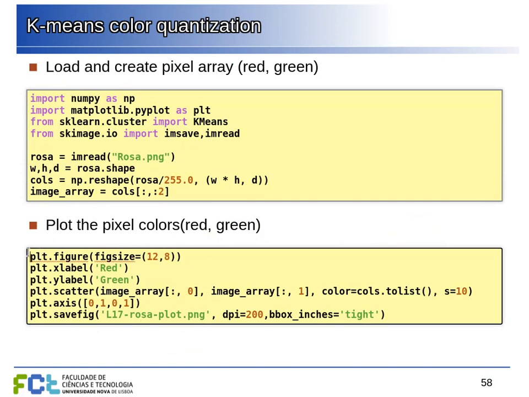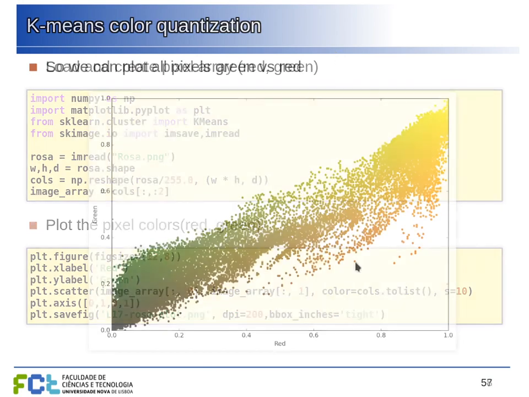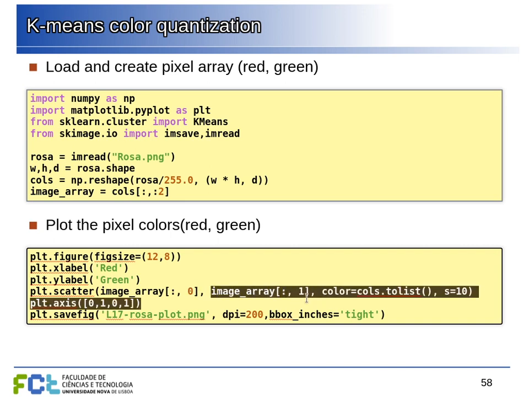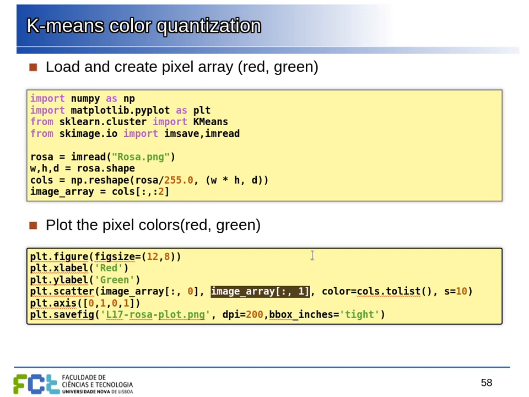And this is an example of how you can plot this chart by plotting all of these points in the coordinates given in this matrix. So the x coordinate is the first column, which corresponds to red, and the y coordinate is the second column, which corresponds to green.